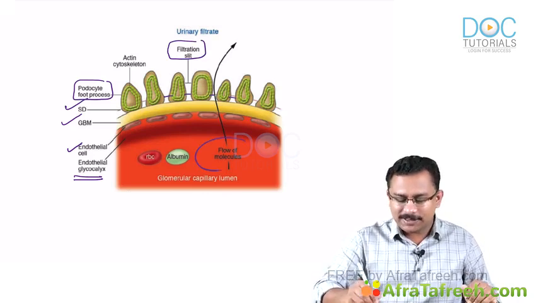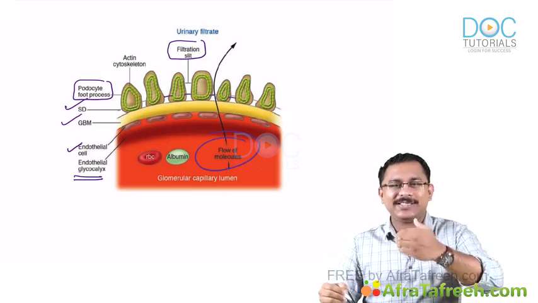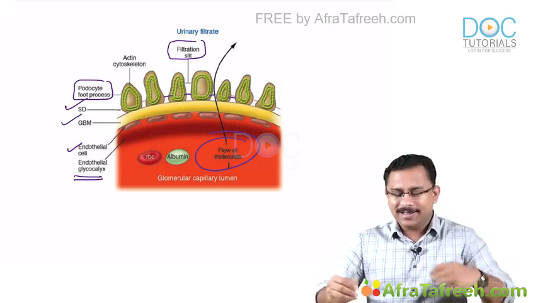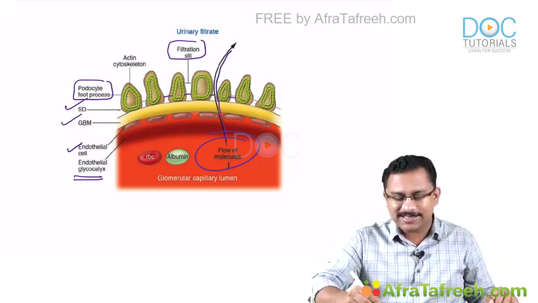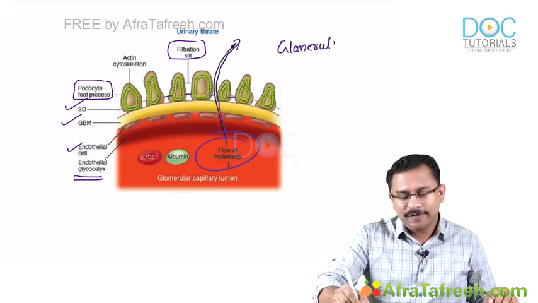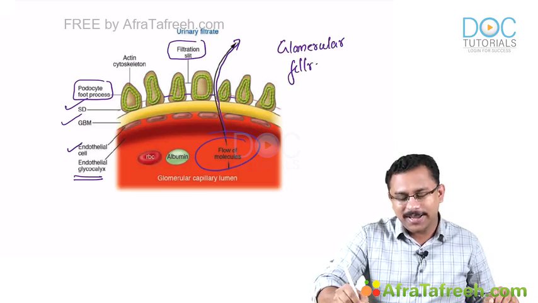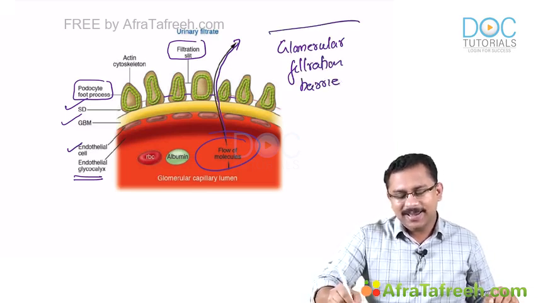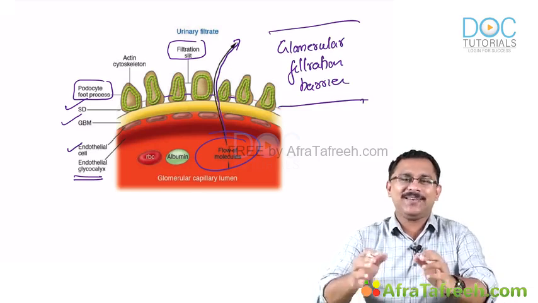And remember, the arrow that you are seeing on your picture, showing the flow of molecules and water, is actually showing the filtration that occurs. That is how glomerular filtration happens. This is the membrane or the barrier, the glomerular filtration barrier, across which the filtration would happen.